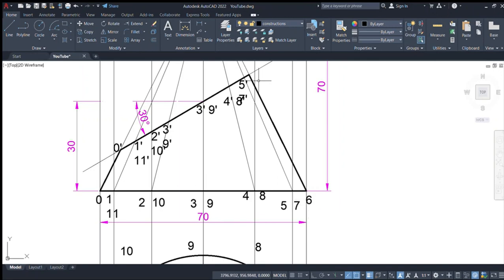And then finally 6 dash, which is the outside part here.